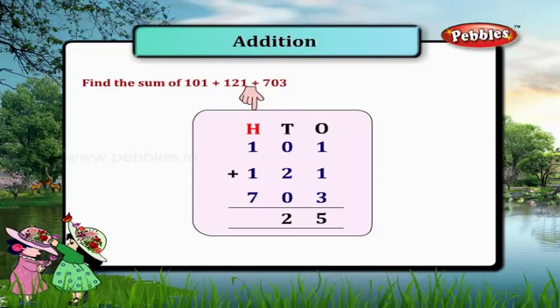Add the hundreds. 1 plus 1 plus 7 equal to 9. The sum of 101, 121 and 703 is equal to 925.